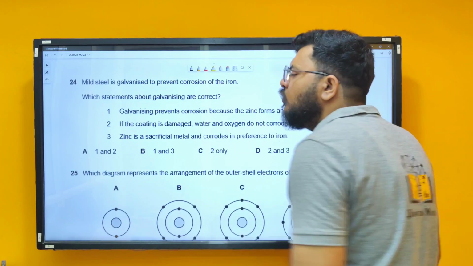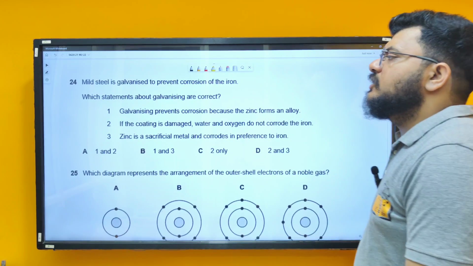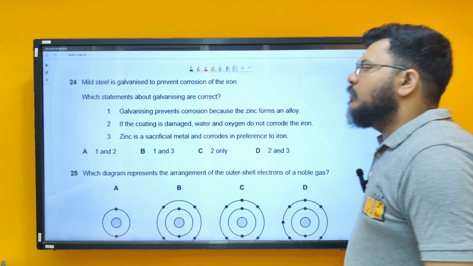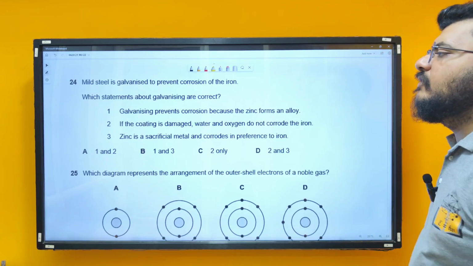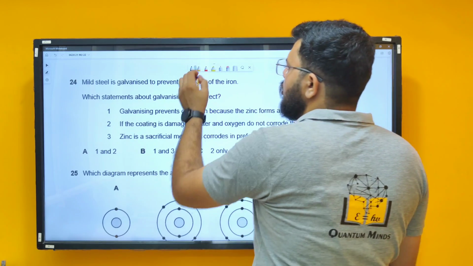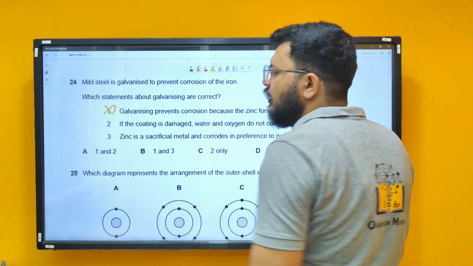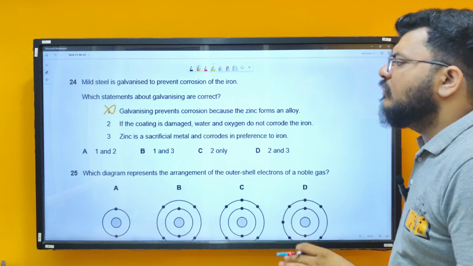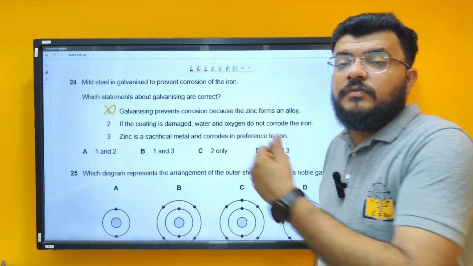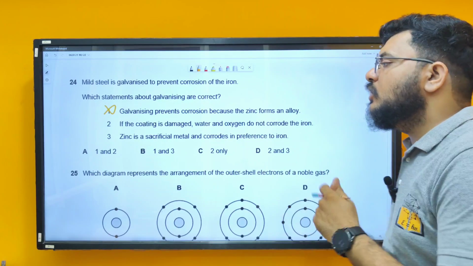Question number 24. Mild steel is galvanized to prevent corrosion of iron. Which statements about galvanization are correct? Galvanization prevents corrosion because zinc forms an alloy. No, zinc does not form an alloy, right? It stays zinc, but when oxygen or water try to corrode the iron, zinc reacts first because it is more reactive.